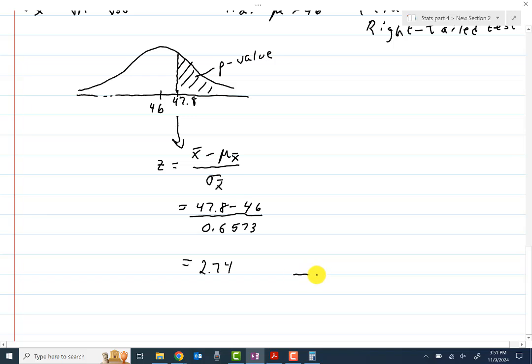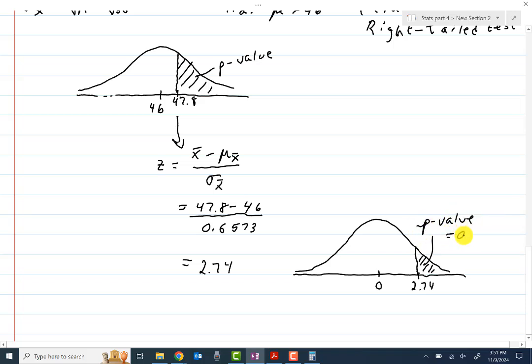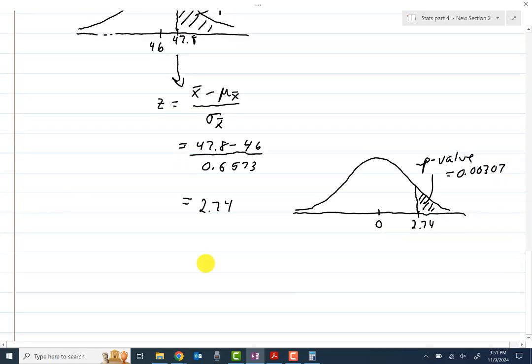And let's draw a picture and determine our p-value using the table. Here, the p-value equals 0.00307. Well, let's do a comparison. Alpha versus the p-value. Alpha was 0.05.